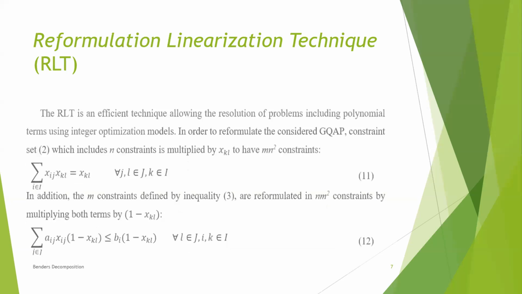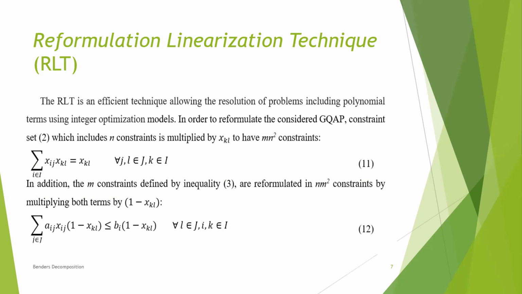Now we want to apply the RLT. RLT helps us to define different reformulations for the constraints to make the constraints with linear variables. So we first focus on the assignment constraint.